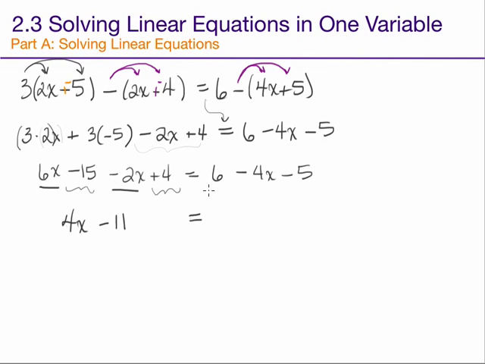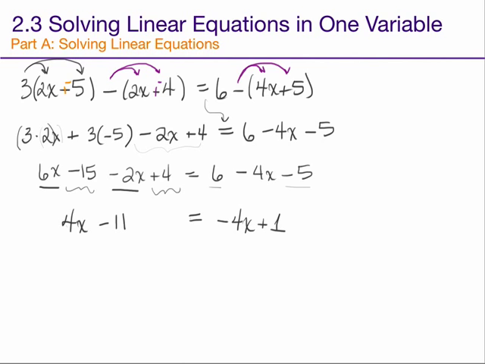So on the right-hand side, I have 6 and a minus 5, so I get 1 minus 4x. Now in this case, I put the constant first and the term with x second. It doesn't matter. I could just as easily have written the minus 4x first and then said 6 minus 5 is 1. Either will work.